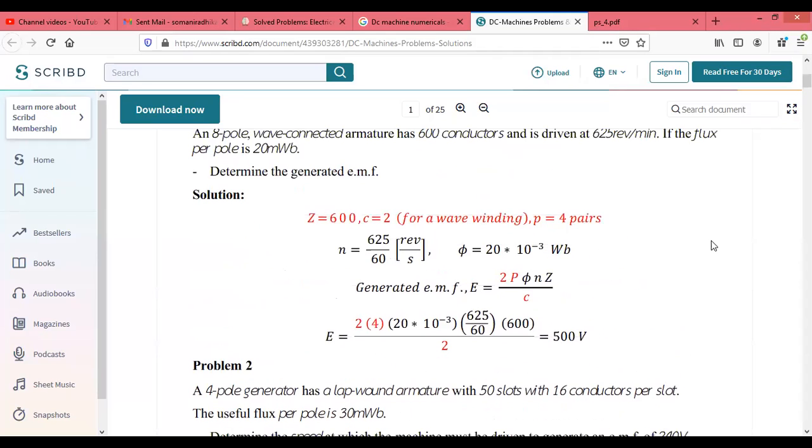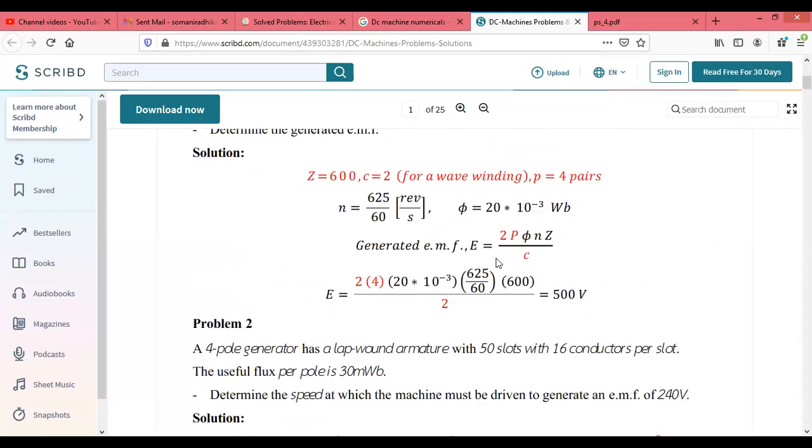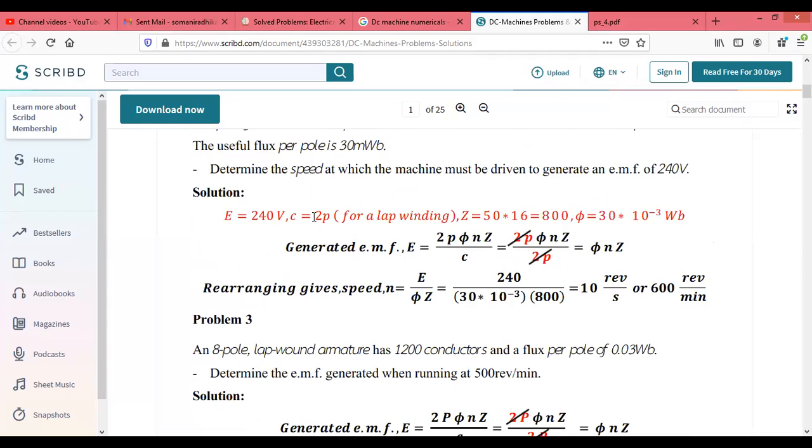Here if we have 8 poles, at that time we consider the pairs as 4. That's why the number of parallel paths C for wave winding will be 2. So here the value will become 2p, C equal to 2p. Now we have the value for Z because we can calculate it.